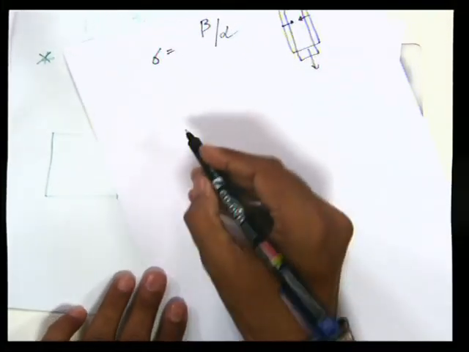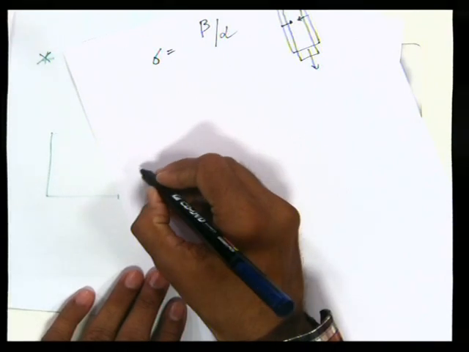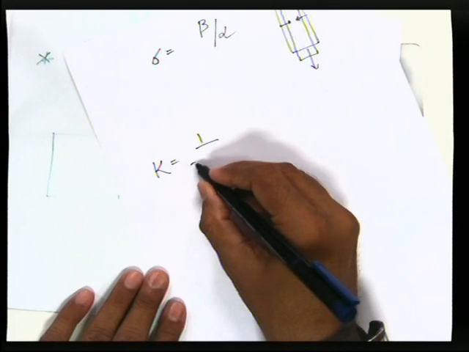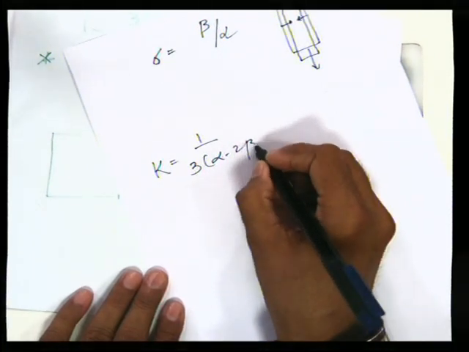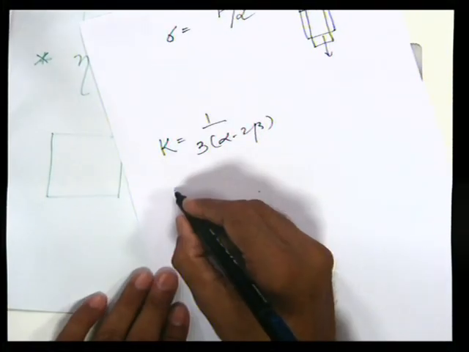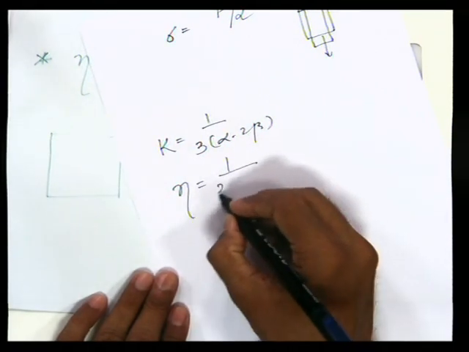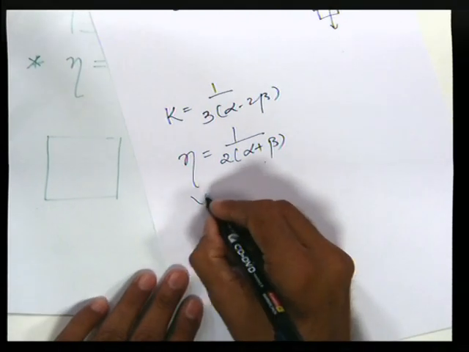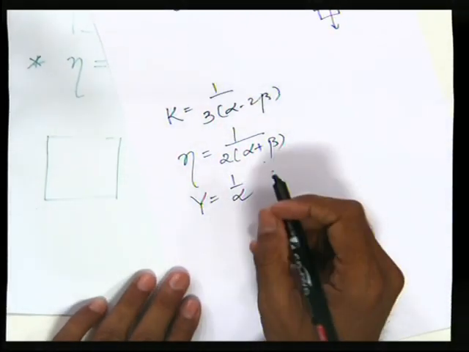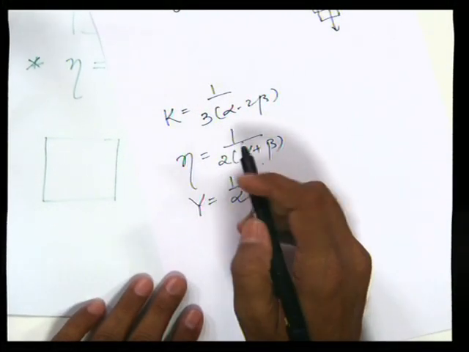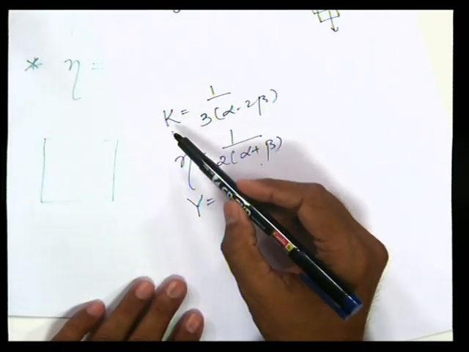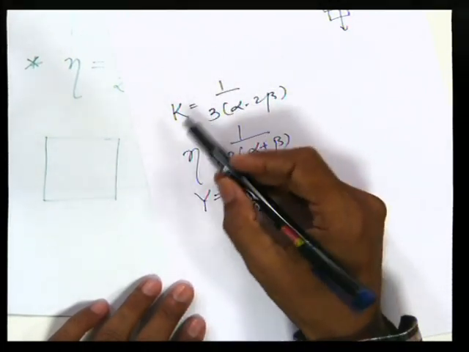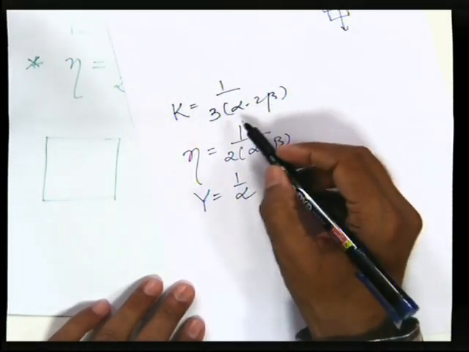Now using these relations, first is k equal to 1 upon 3 (alpha minus 2 beta), eta equal to 1 upon 2 (alpha plus beta), and Y equal to 1 upon alpha. So bulk modulus, modulus of rigidity, and Young's modulus are the three formulas in terms of alpha and beta.